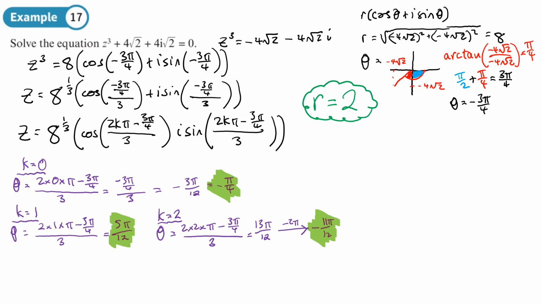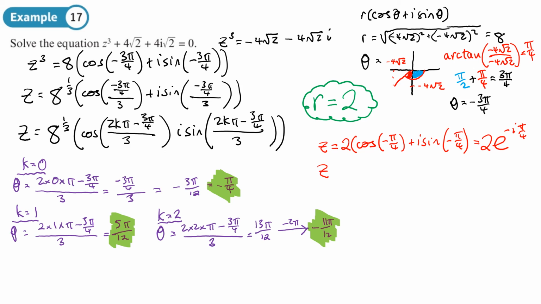So solution number 1, z is going to be 2 cos, let's go for the negative pi over 4, plus i sine negative pi over 4, and I'll write down the exponential form, which will be 2e to the negative i pi over 4.